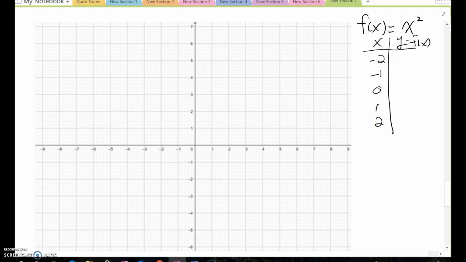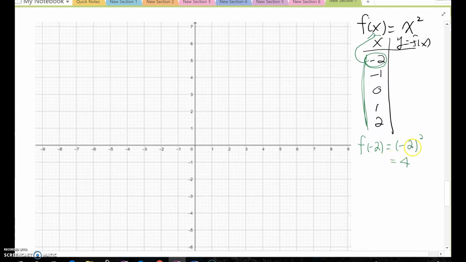So finding the outcome. All these x are input values. Finding the output, a y value, means you are plugging each x value into this function here. Therefore, we can say f(-2) means now x is replaced by -2, so it becomes (-2) squared. What is (-2) squared?